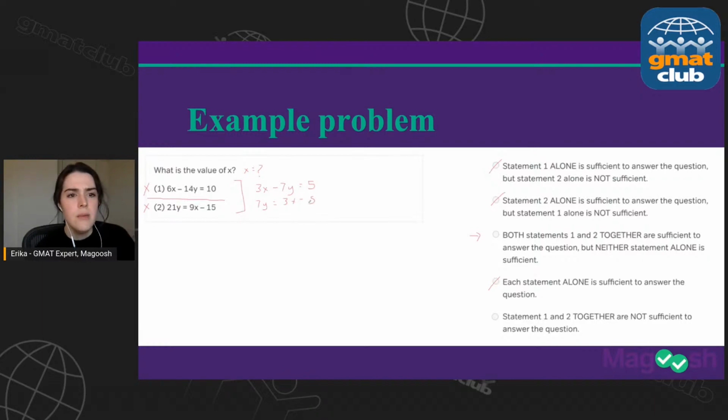Those are the same numbers. Uh-oh. So if I rearrange this second equation, I end up with 3x minus 7y equals 5. So I don't have two variables and two equations. I have two variables and the same equation. I cannot solve this. There's the trap. So even with both statements together, I can't solve.